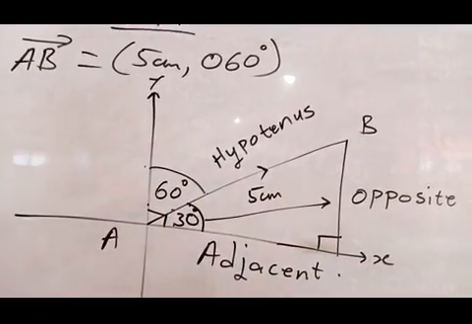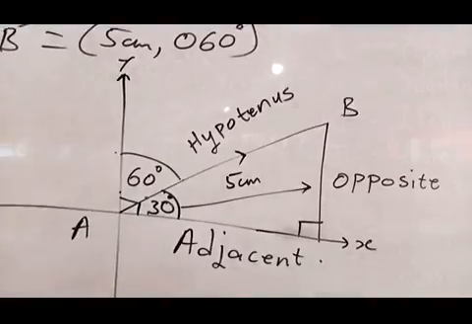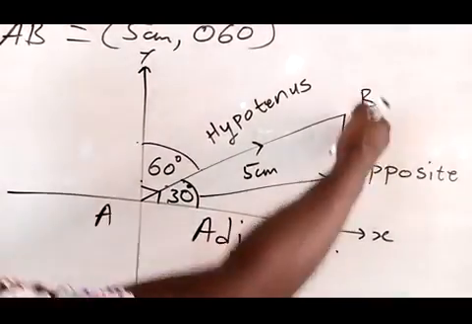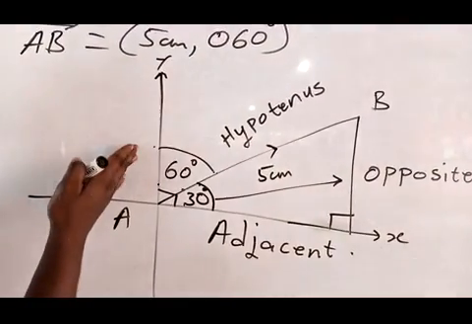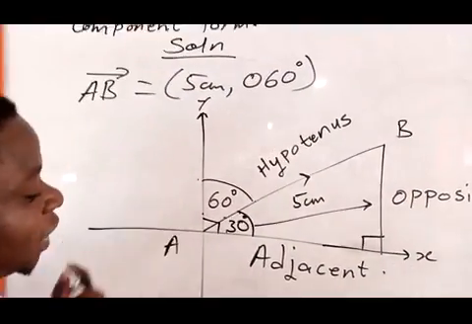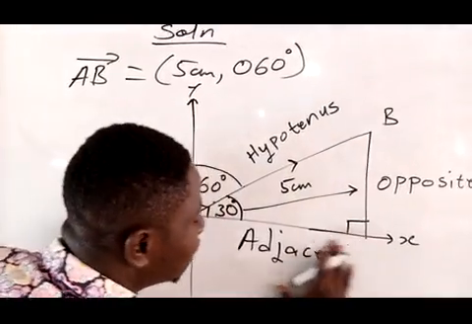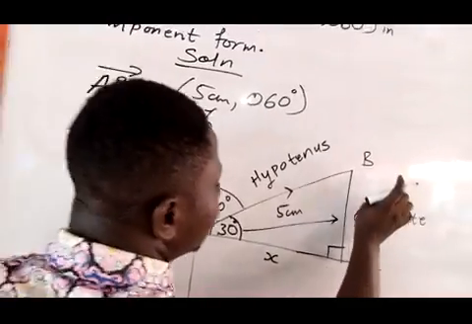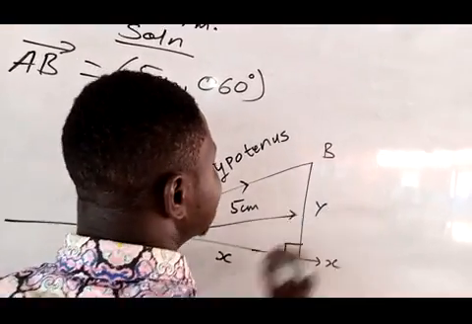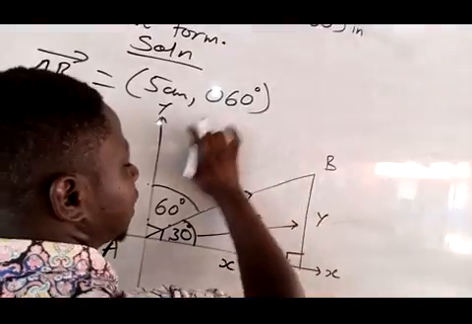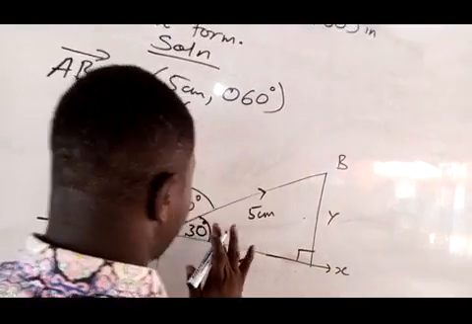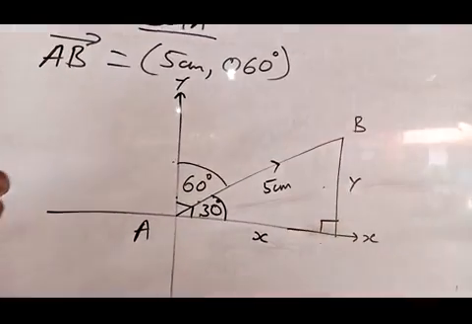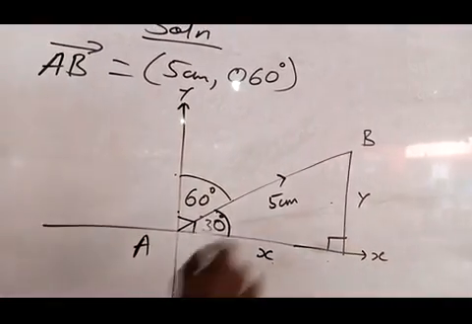With all the parts known, we can easily find this side, which is the x-axis, and also this side, which is the y-axis. So I can now clean this and represent it as the x, and clean this and represent it as the y. Now, this is my opposite, this is adjacent, this is hypotenuse.